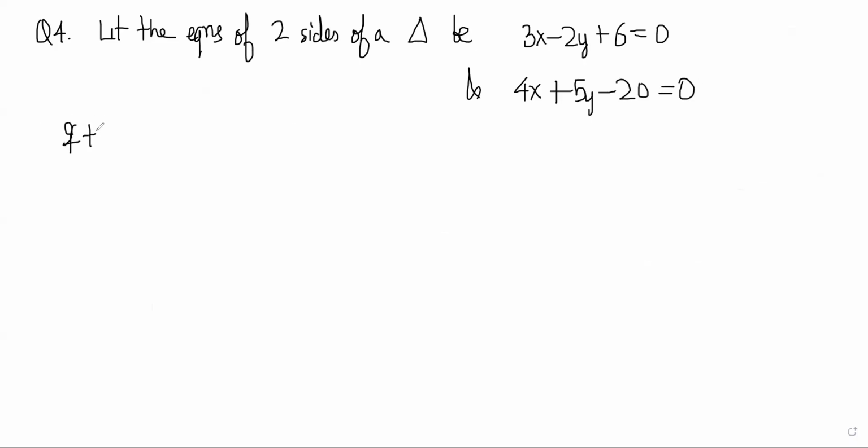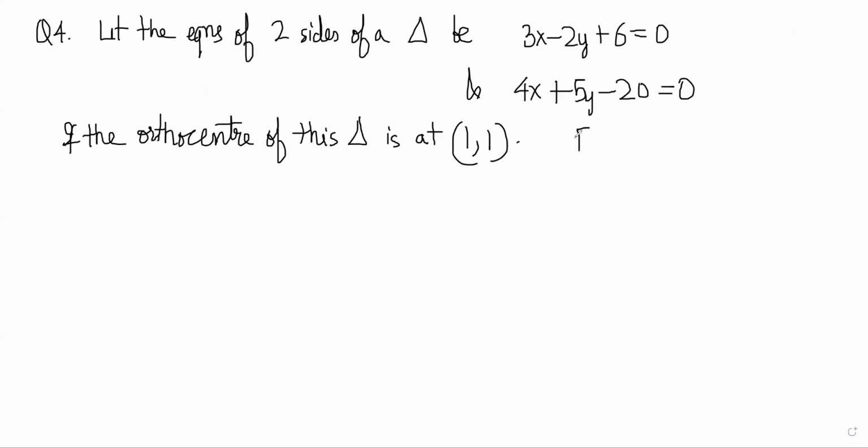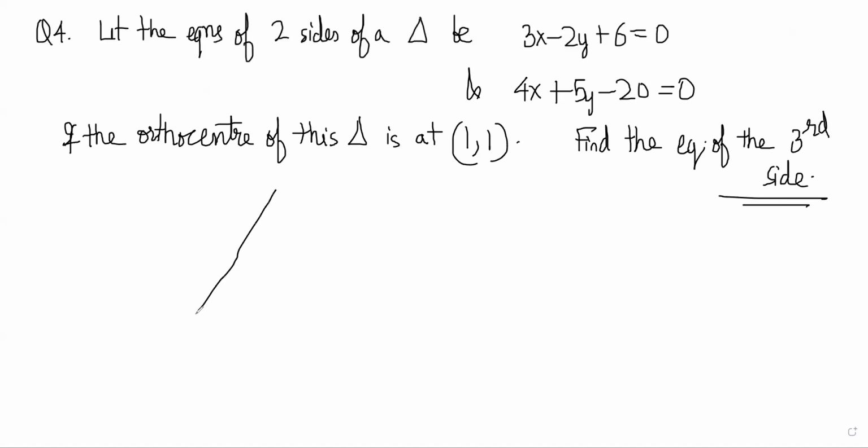If the orthocenter of this triangle is at 1, 1, the question is find the equation of the third side. Equation of the third side. Right. So it's a nice conceptual question.